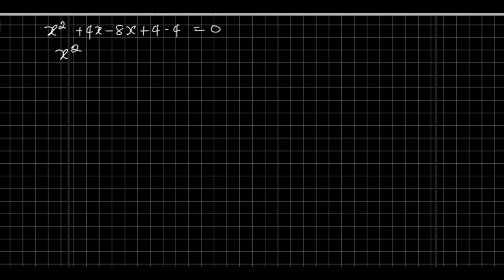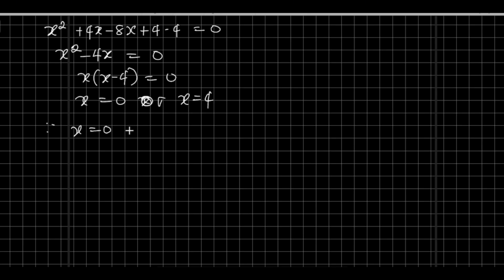So we have x squared minus 4x, and 4 minus 4 will be 0, equals 0. So we have x bracket x minus 4 equals 0, so x equals 0 or x equals 4. So these are the solutions. We have two solutions here: x equals 0 or x equals 4.